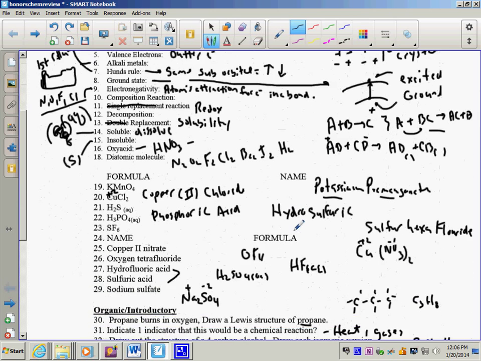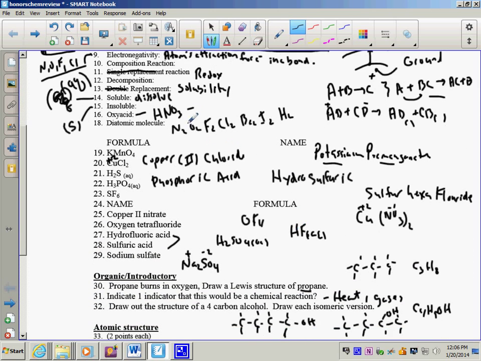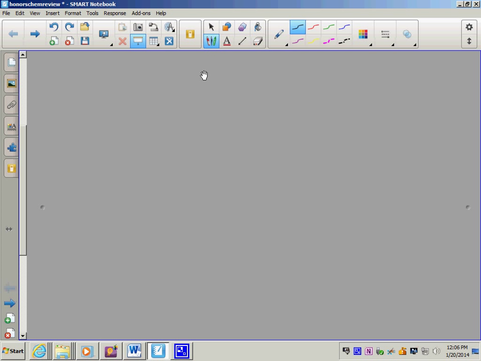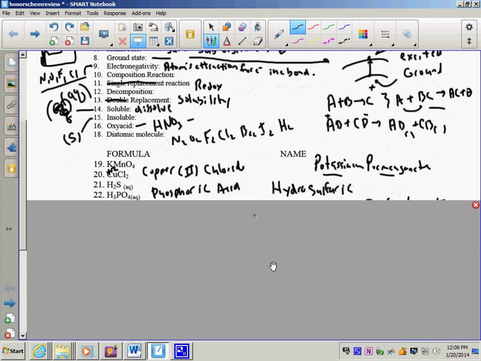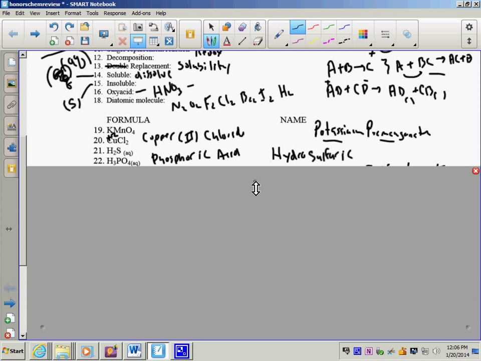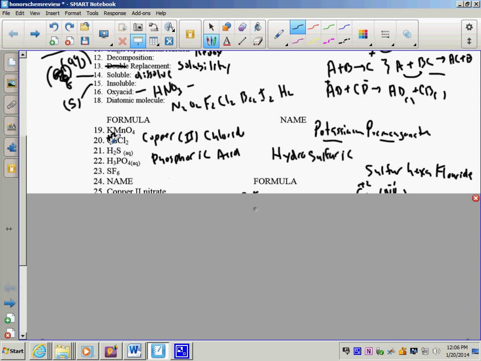Rotating down to the bottom here, get rid of some of this clutter for a moment. Alright, there we go. Some of the names. Ionic compounds only give names, so potassium permanganate, hard to see that.